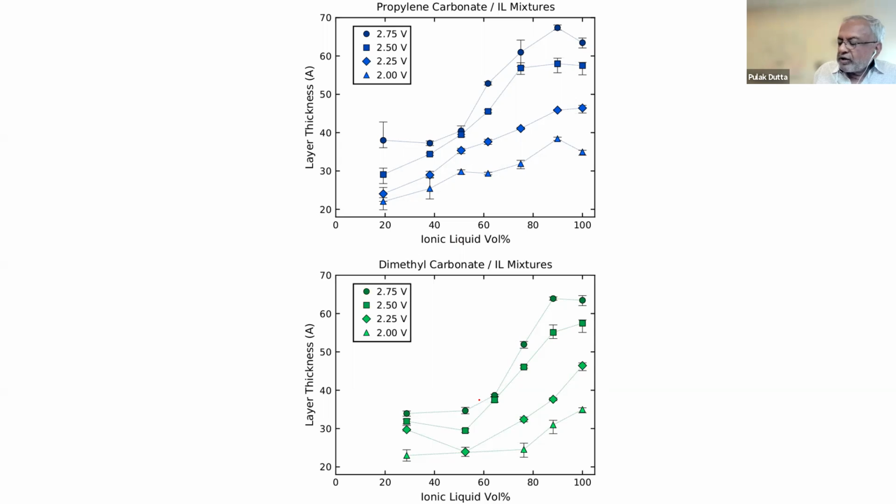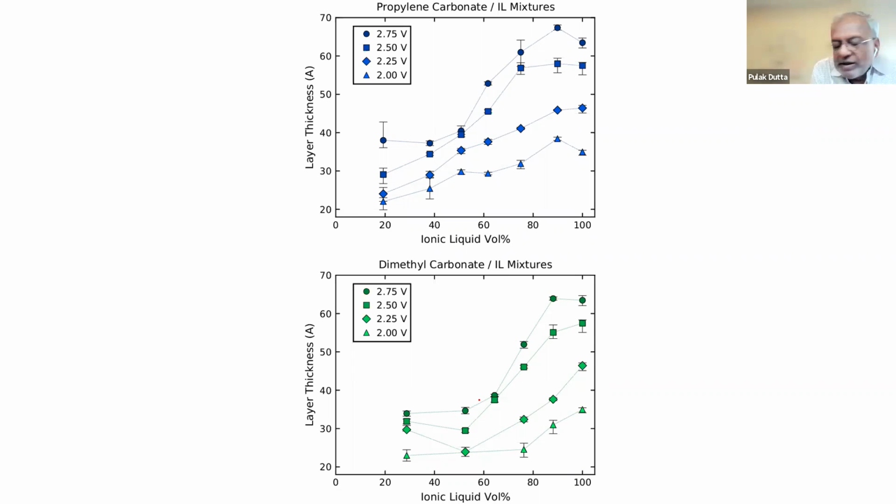But the polar solvent seems to have fewer cations in the bulk layer. And indeed, there's a simulation paper. I didn't put the citation up, but I have it here for anybody who wants it. Being simple-minded, I would like to have a nice, elegant electrostatics explanation that says, oh yes, polar molecules do this.